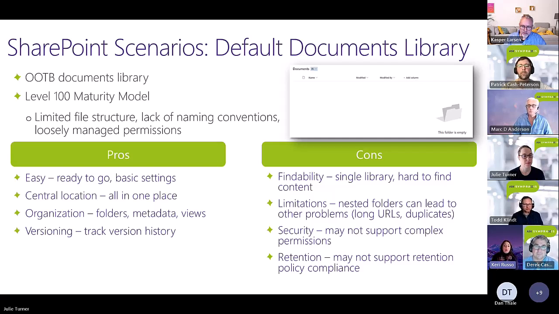So this aligns with that lower maturity level by just using the simple out of the box container. While it comes pre-configured with some columns and a simple view, you hit that wall right away because it isn't optimized for organizing your content.